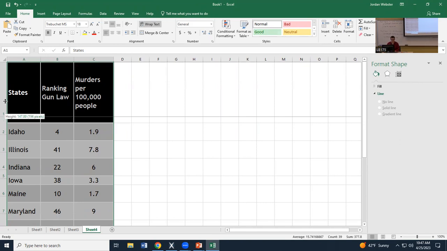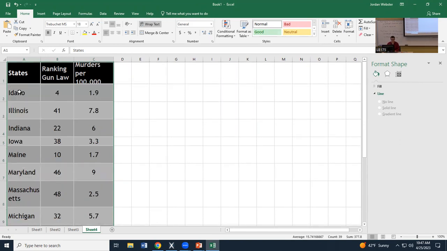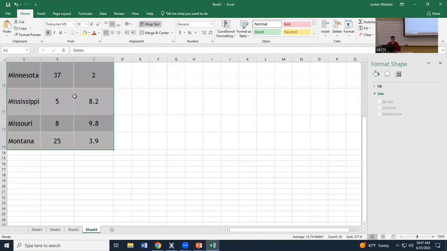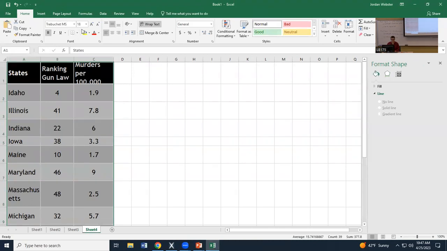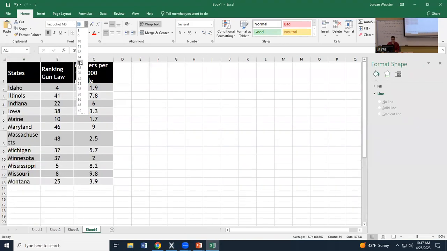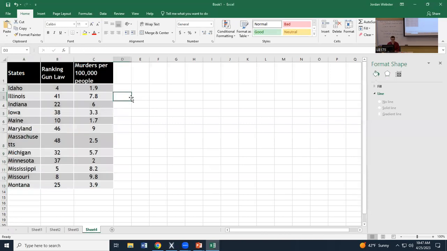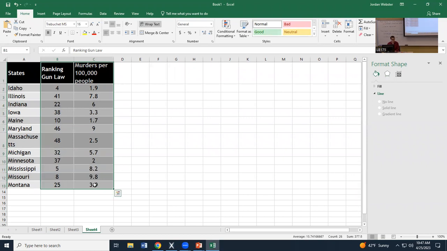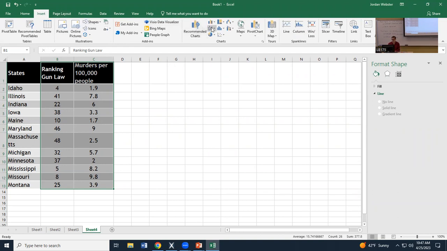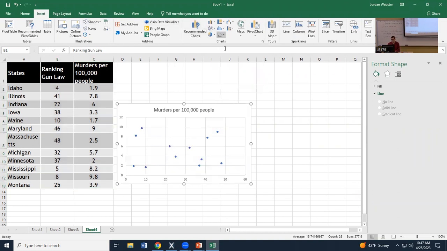All right. Try to do this. Maybe I'll do it this way. 16 is good. All right. Then highlight the two columns. Let's ask it to give me a scatter plot.